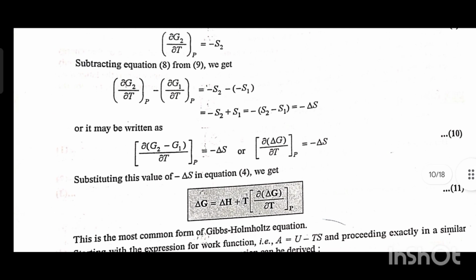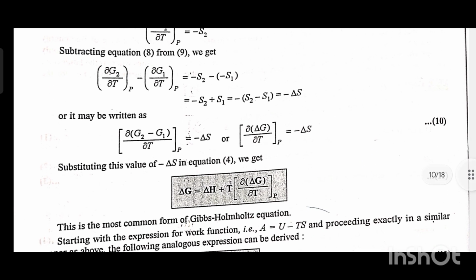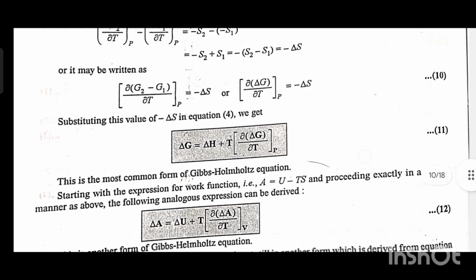For the final state, (∂G2/∂T) at constant P = -S2. Subtracting equation 8 from 9, we get (∂G2/∂T) - (∂G1/∂T) at constant P = -S2 - [-S1] = -S2 + S1 = -[S2 - S1] = -ΔS.